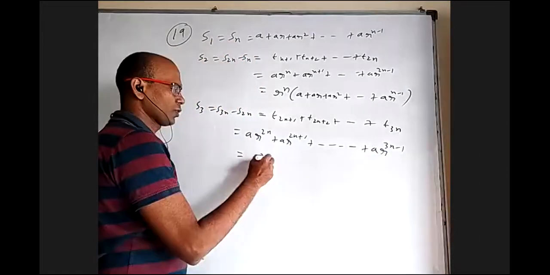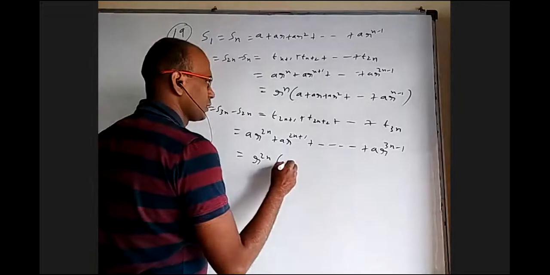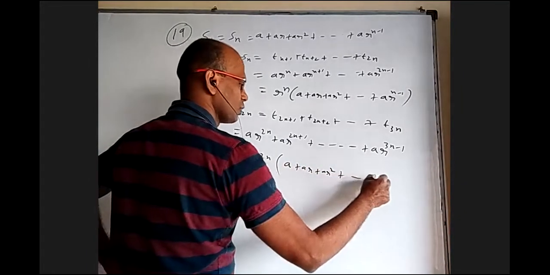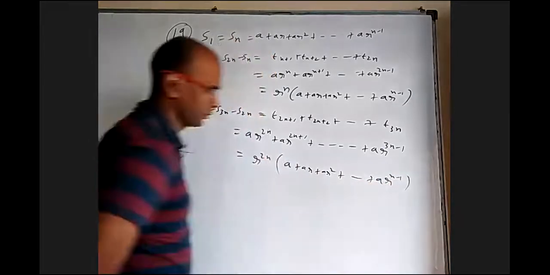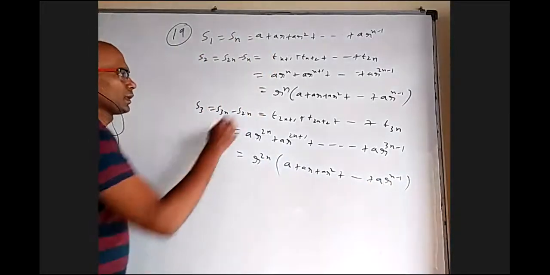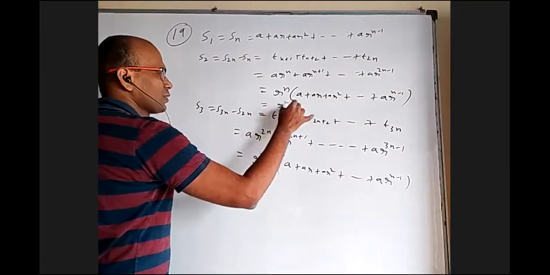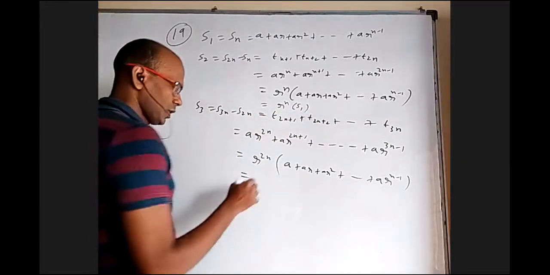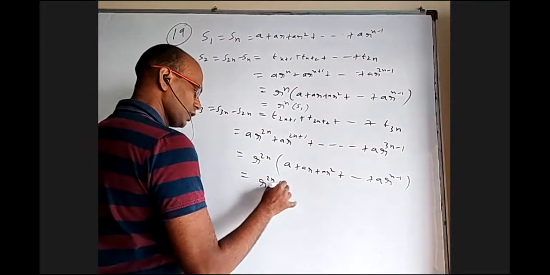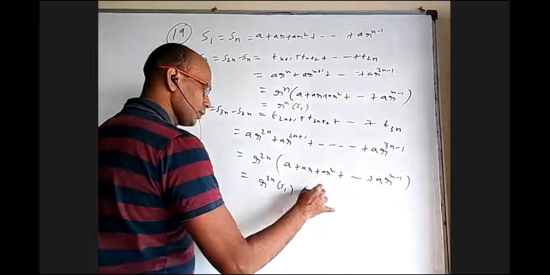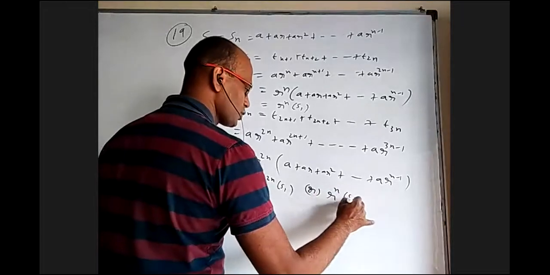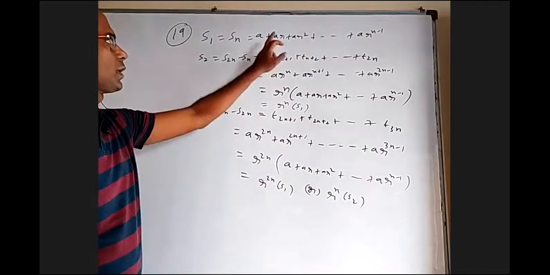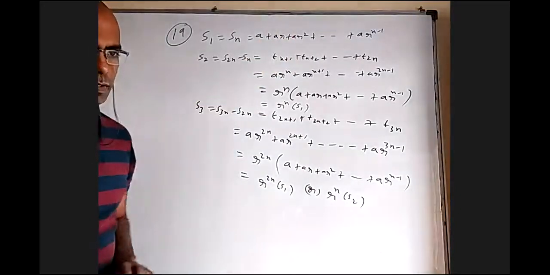If I take r power 2n common, then it is a plus ar plus ar square, so on up to ar power n minus 1. So this I can write as r power 2n into S1, or I can write r power n into S2. Multiply this with r power n, or multiply this with r power 2n, either way.